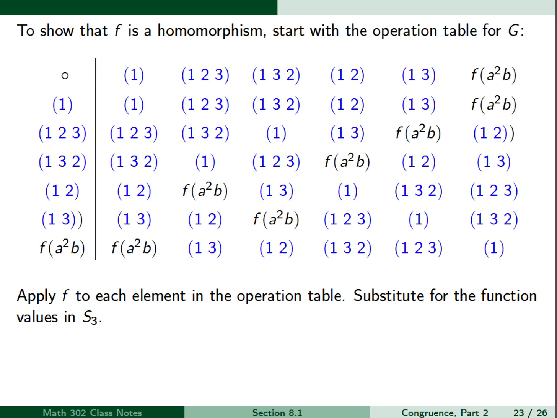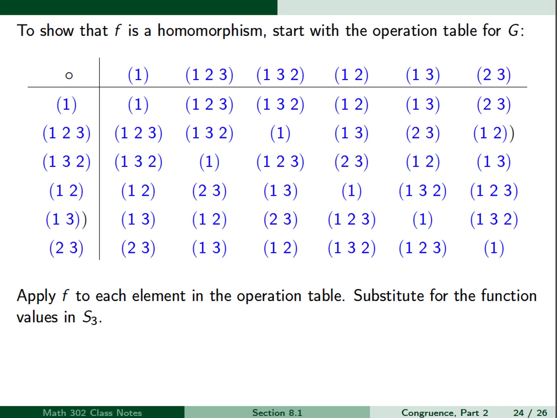And finally, F of A squared B was defined to be the 2-cycle (2 3). And so there's our operation table after starting with the operation table for G and replacing each element with its image under the function F.